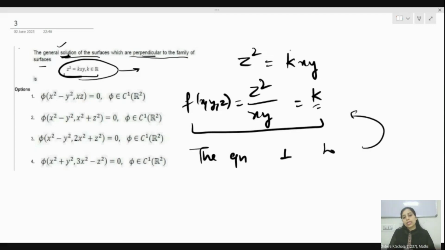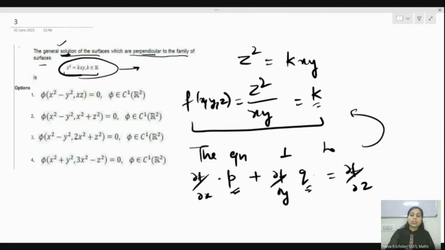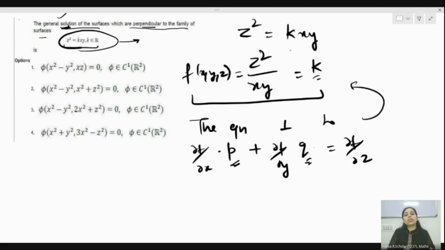Just taking curly f by curly x into p plus curly f by curly y into q is equal to curly f upon curly z, where p, q are the standard notation for the first derivative of the function with respect to x and with respect to y. Here p, you already know, is curly u upon curly x, q is curly u upon curly y, the similar thing. So this is a family which is perpendicular to the given family.